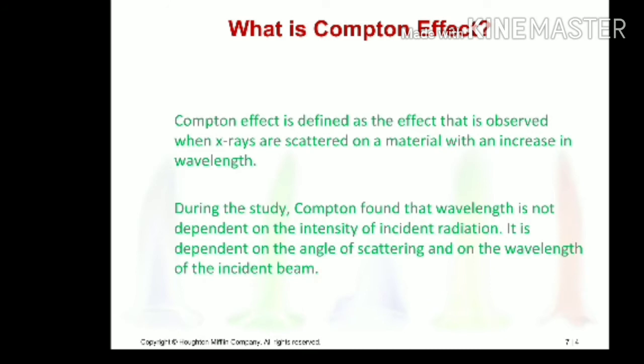That means when the X-ray falls on the material, then that X-ray will be scattered with an increased wavelength. During this study, Compton found that the wavelength shift does not depend on the intensity of the incident radiation or X-ray. It totally depends on the angle of scattering of the X-ray and the wavelength of the incident X-ray.